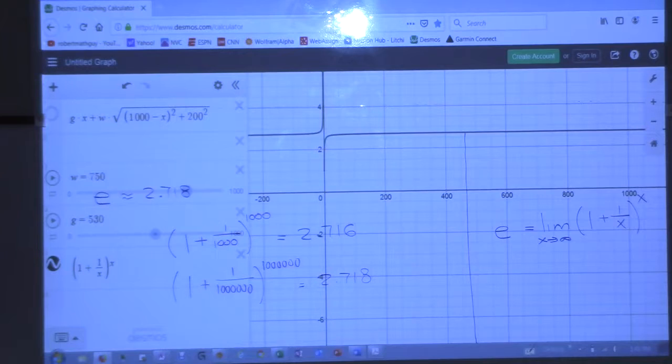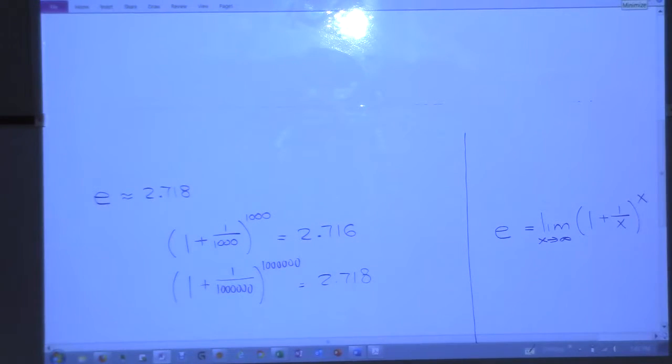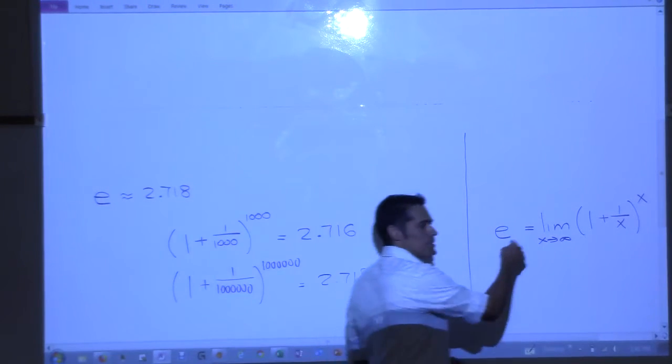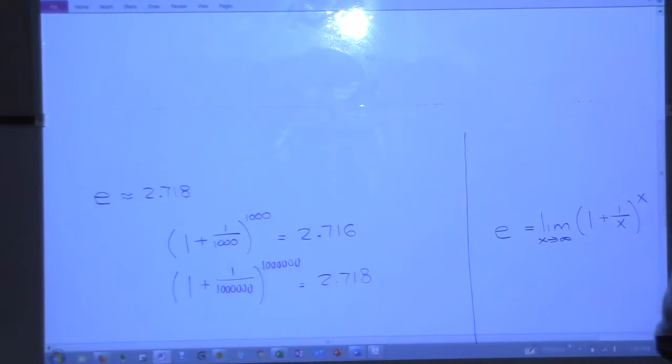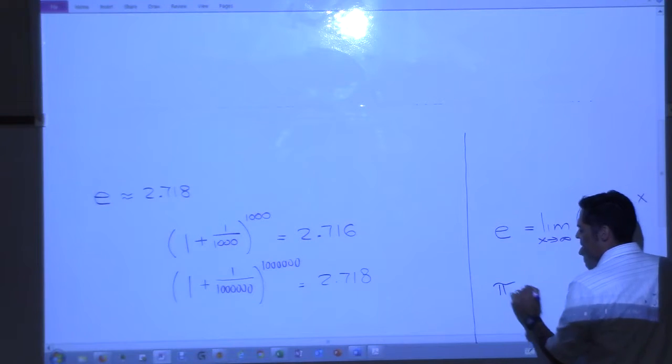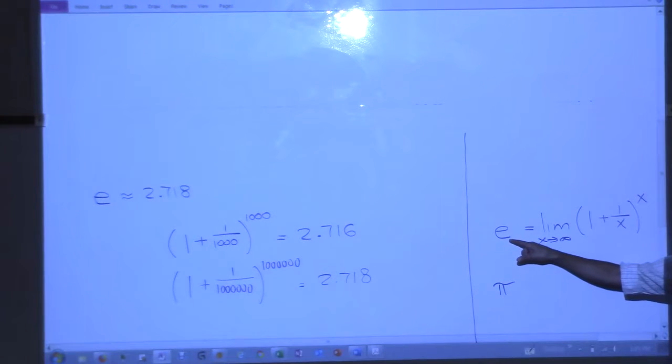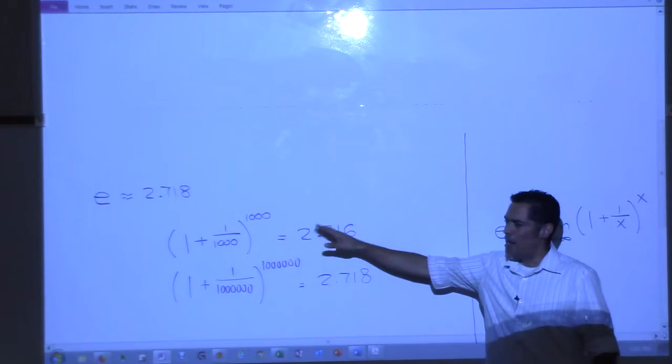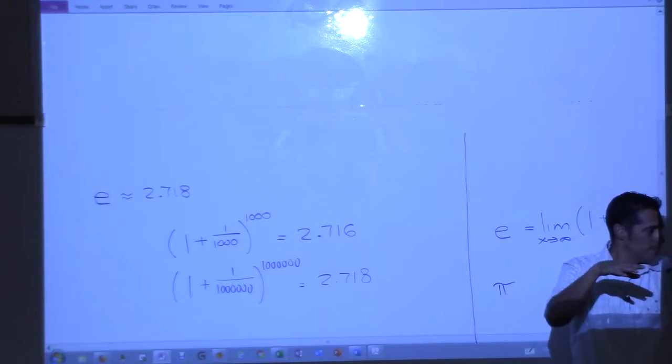It's kind of weird that we can define a number as a limit. It's probably the first time you've ever seen that in your life. There are other important numbers we've talked about in our class, like pi. Pi is an example of an irrational number like e. It has the same property in the sense that it is a non-terminating, non-repeating decimal.